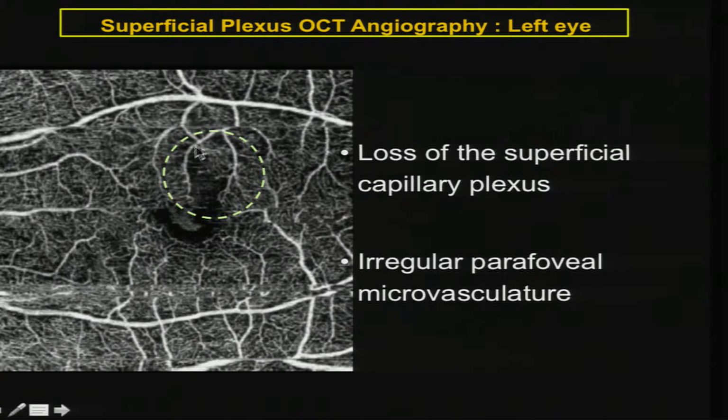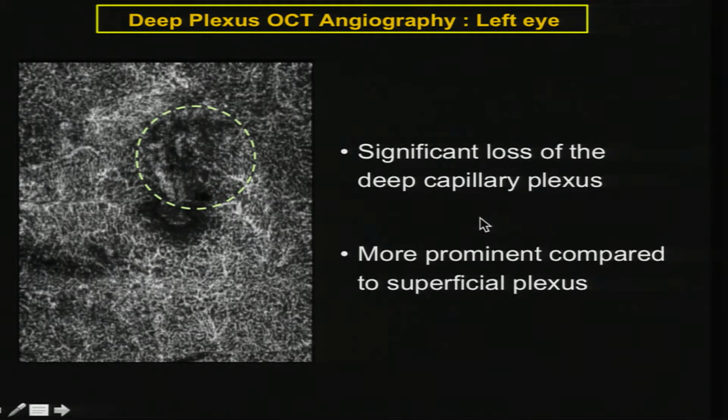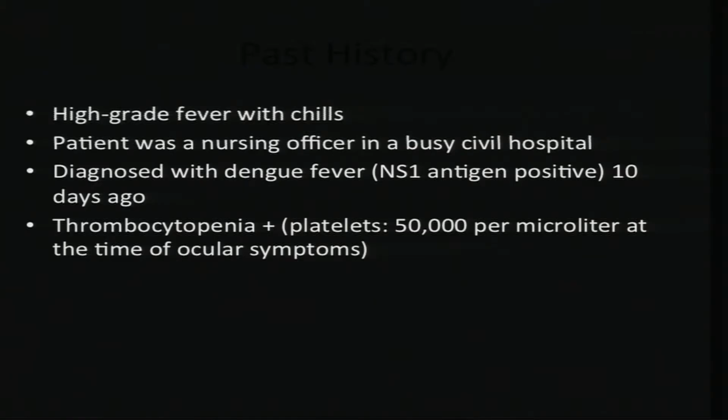OCT Angio showed loss of the superficial capillary plexus with irregular parafoveal microvasculature and significant loss of the deep capillary plexus. This loss of capillary plexus on OCT angio is also seen in dengue maculopathy, and that is why some of the patients, despite steroids, do not improve vision.